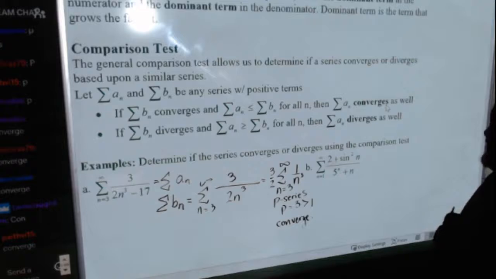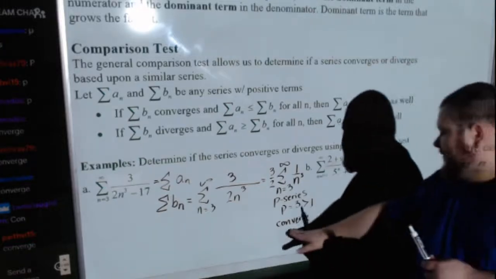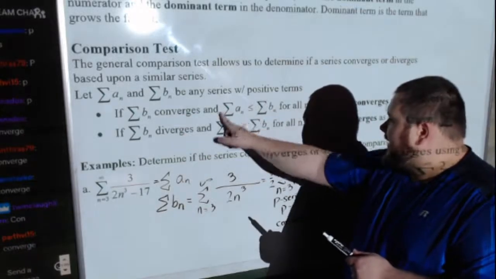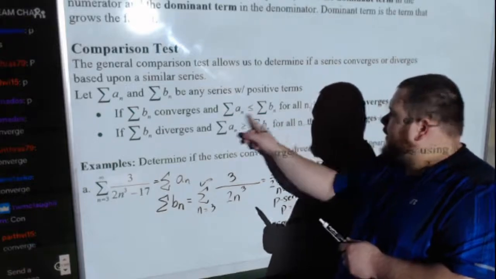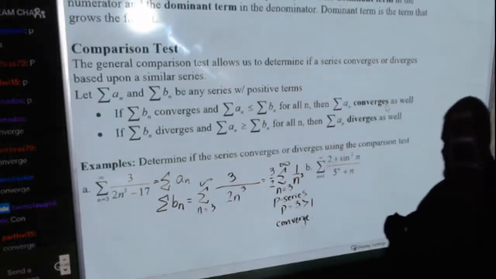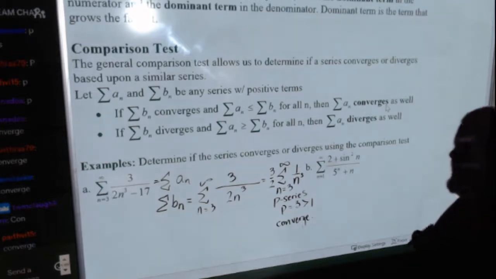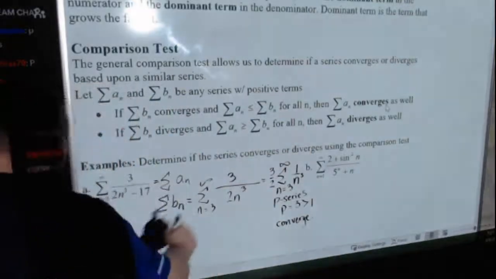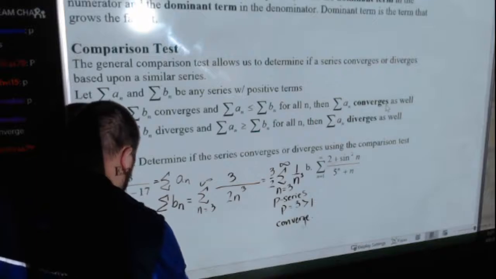Which means I now have to compare it to the original. So b sub n converges, which means I now have to prove this guy. So is this true? Well, one way we can do this is to look at a few of the terms. One suggestion I can give you is to look at the first 10 terms or so of both of those and add them together.